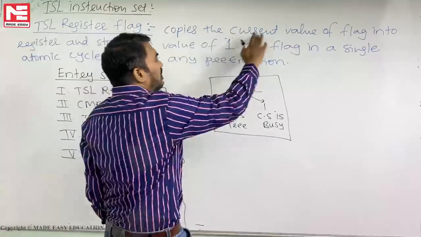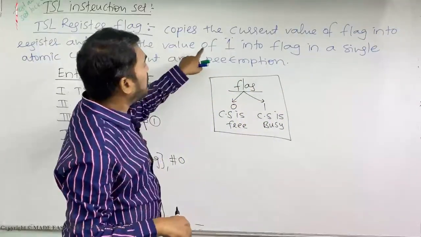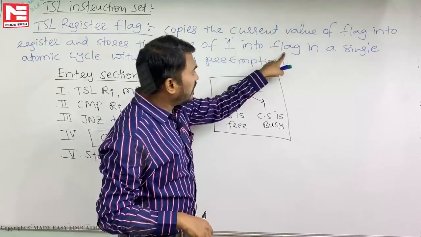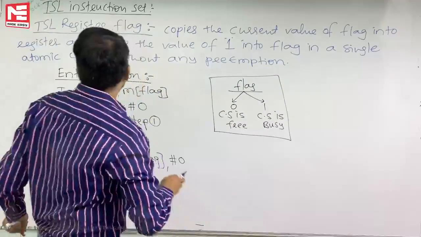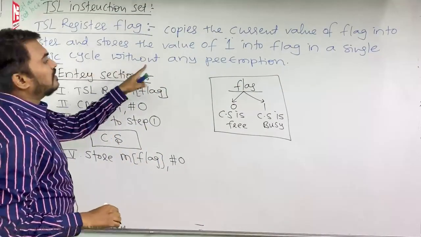So it copies the current value of the flag into the register and stores the value of 1 into the flag in a single atomic cycle. This is important: atomic cycle, without any preemption.